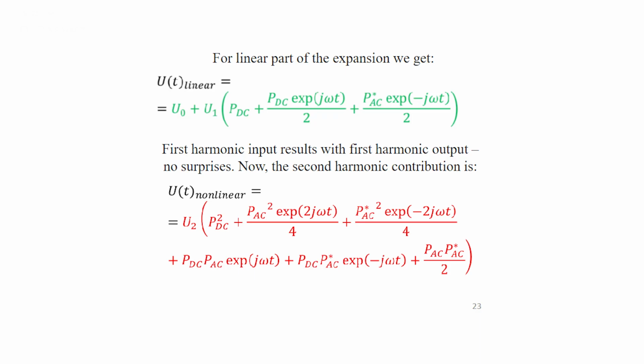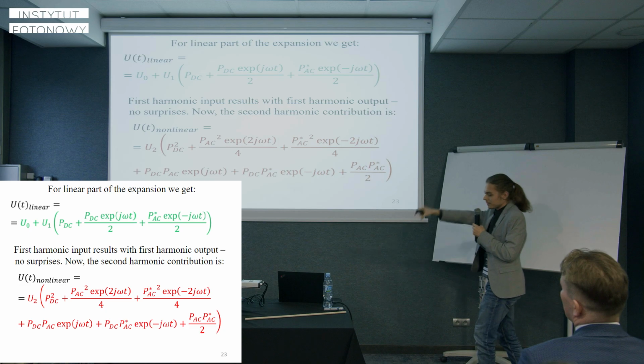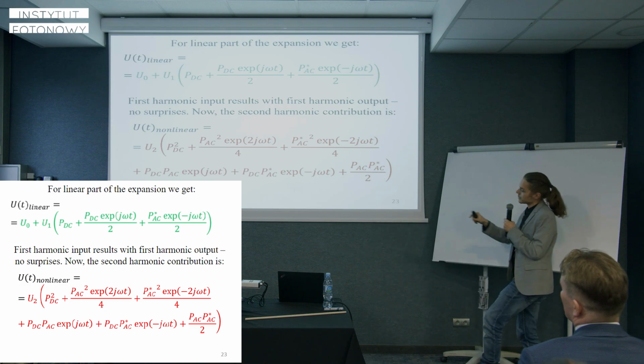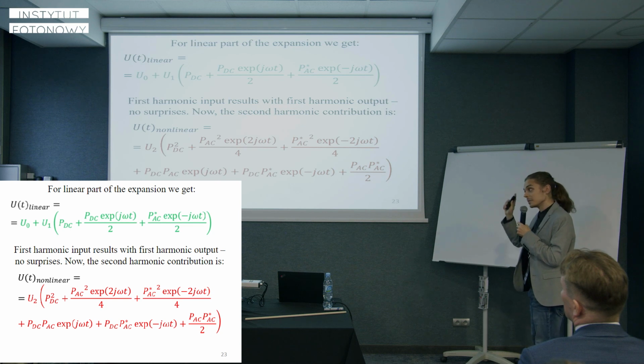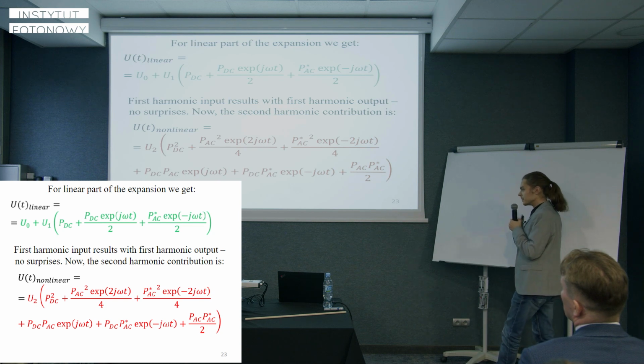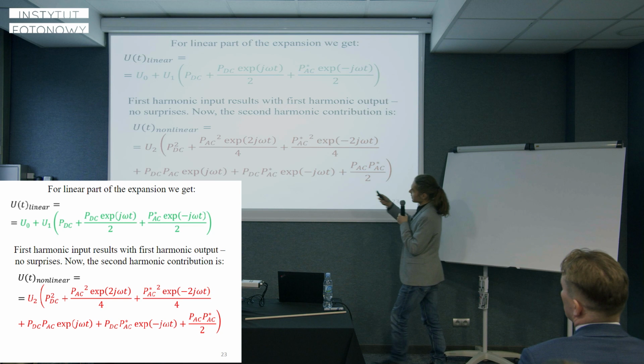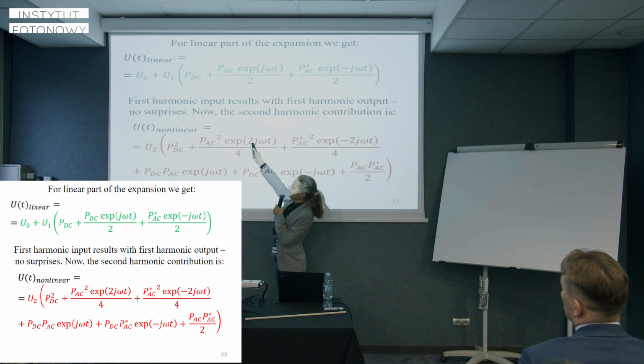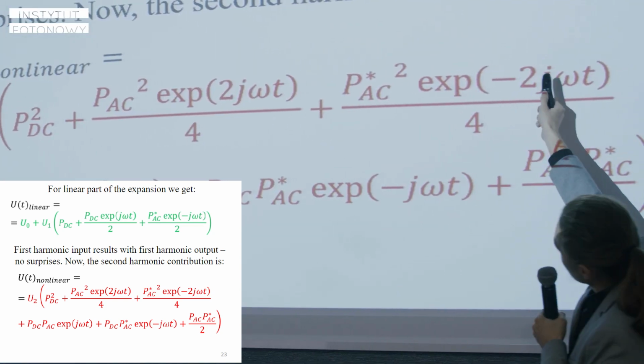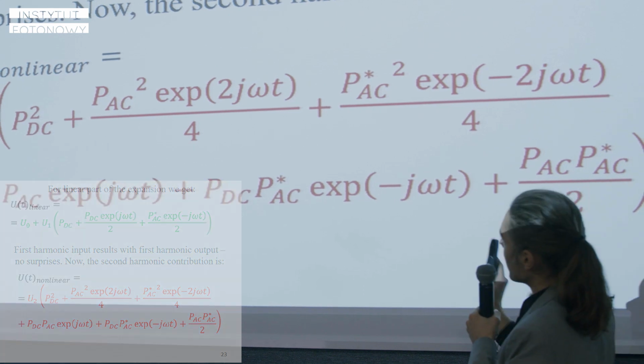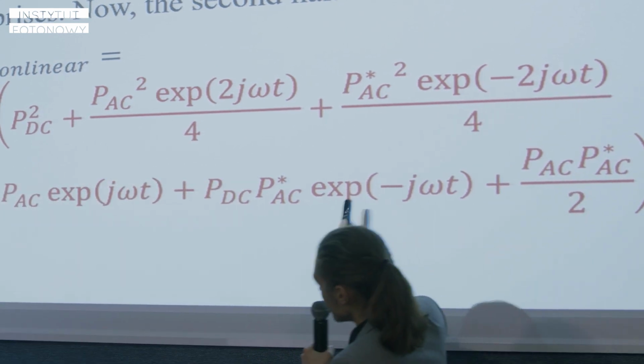So the linear response gives, from 1 Hz frequency input, 1 Hz frequency output, nothing fancy. However, in case of nonlinear response, I have the second harmonic. But I also have another contribution for the first harmonic.